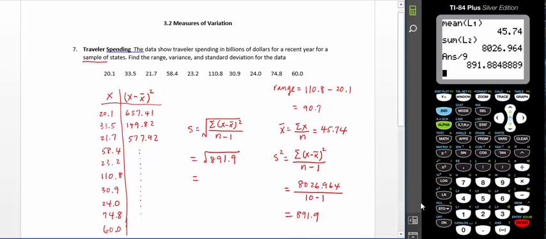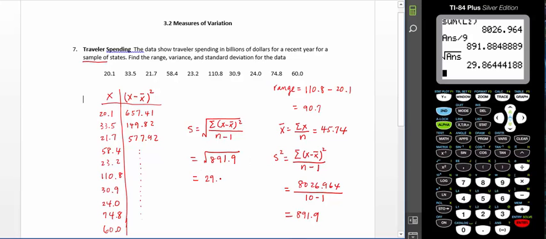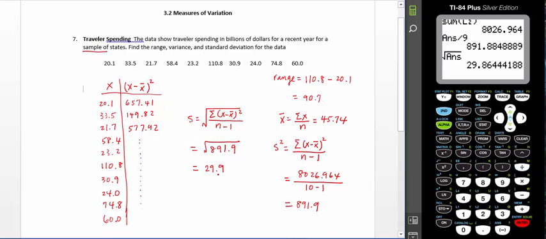So I'm going to take the square root of this number, second, x squared, which takes you to the square root, and I want the square root of the answer. So that gives us 29.9 approximately. That's the standard deviation. And again, the meaning of standard deviation is how far a typical number in your data set is away from your mean, in this case, sample mean.